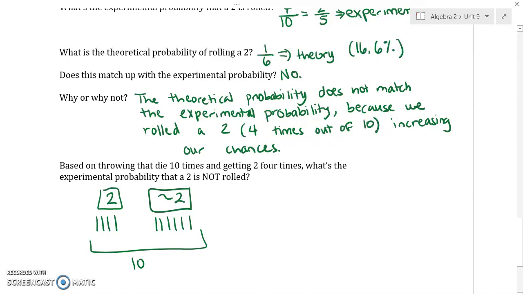So out of how many times did I not roll a 2? Well, the probability of me not rolling a 2 is 6 out of the 10 times, which reduces to 3 out of 5, or 60%. So 60% of the time I did not get a 2.